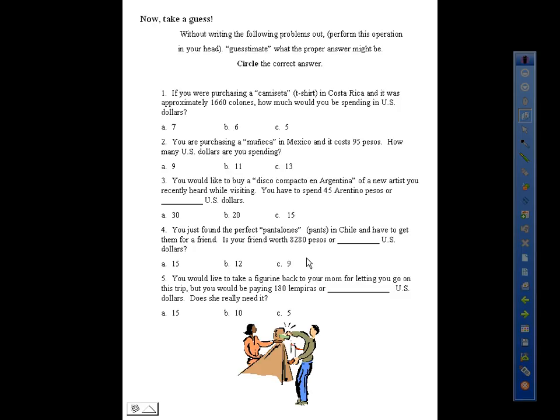Remember, you're doing this with a partner. Now here, this is a little bit different. You're going to be in a situation with Spanish 3 students where you're going to have to guess if something they're telling you is a bargain or if it's kind of a rip-off. So we're going to have to do some math in our heads on that day. So without writing the following problems out or using a calculator or anything, I want you to guesstimate.